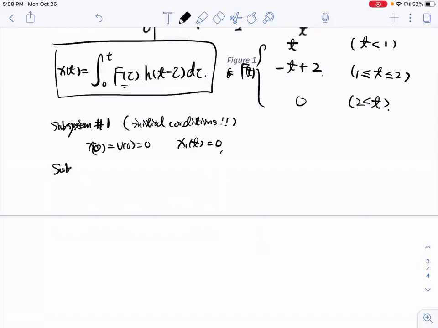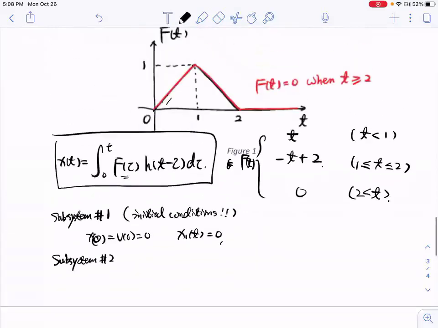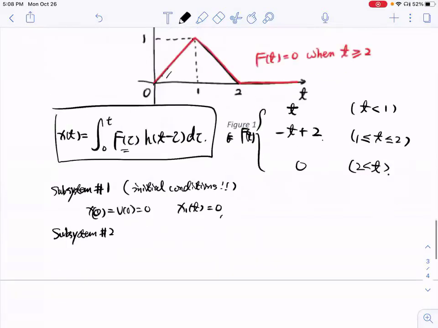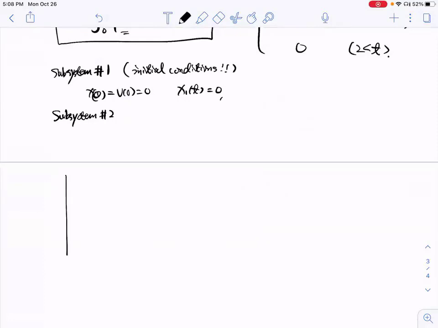Then what is your subsystem number 2? Well, it's definitely not zero. So let's try one potential approach. Let's say your number 1, F1(t), is something like this. It's just a slope function, right?